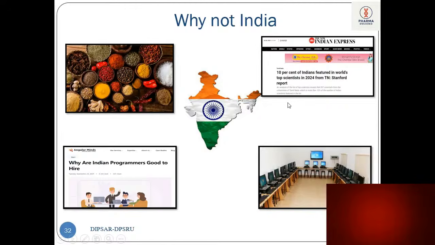If you see the top 2% scientist list, you will find many Indians there, and Indians are very good at programming and computational work. So this is the question that arises, why not India?